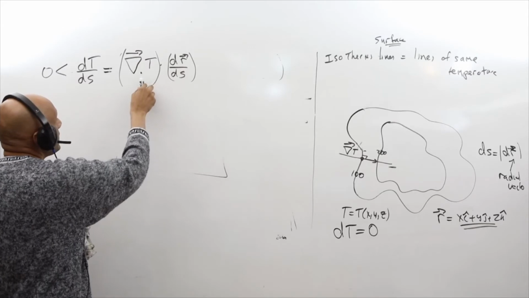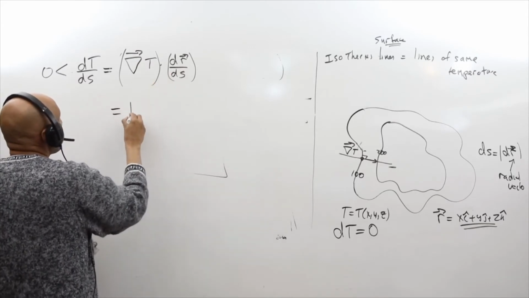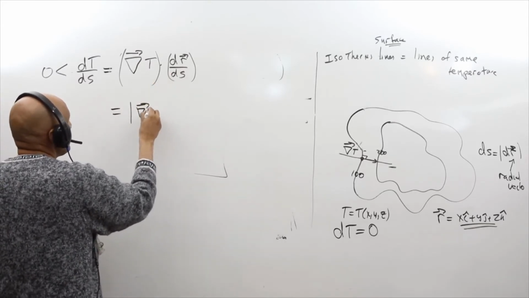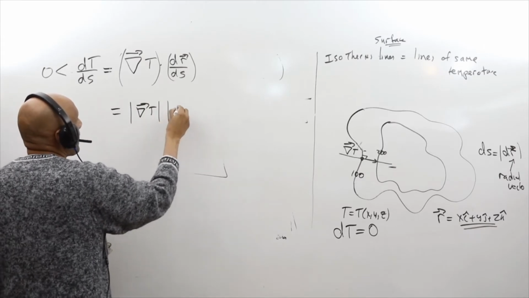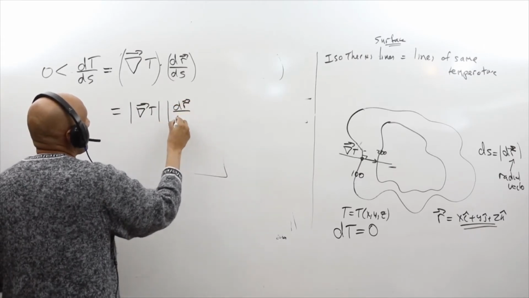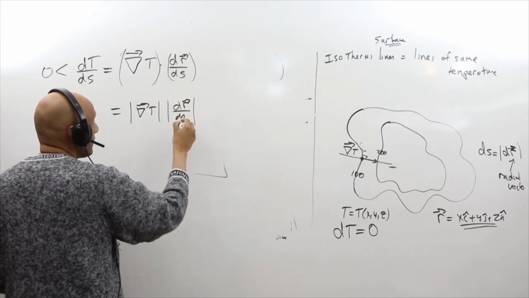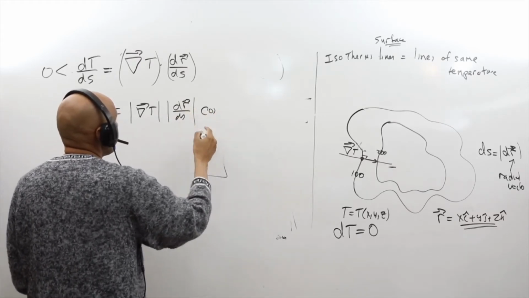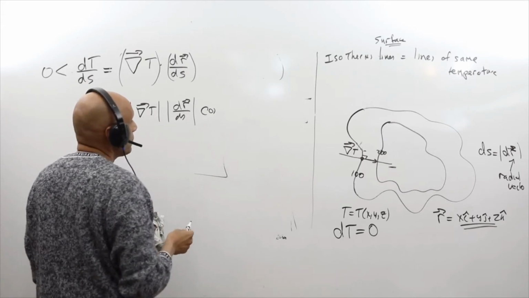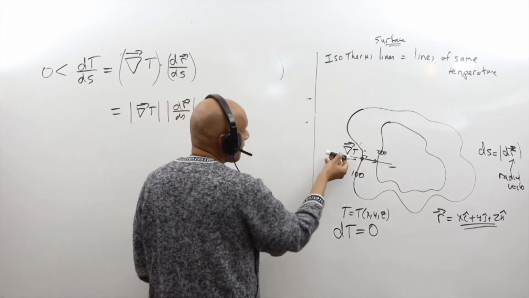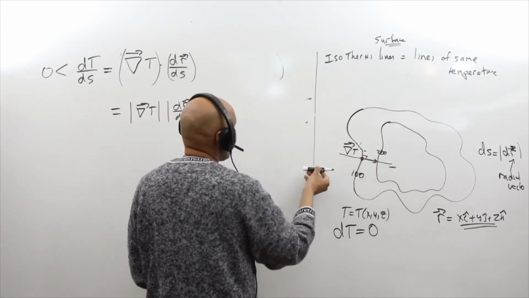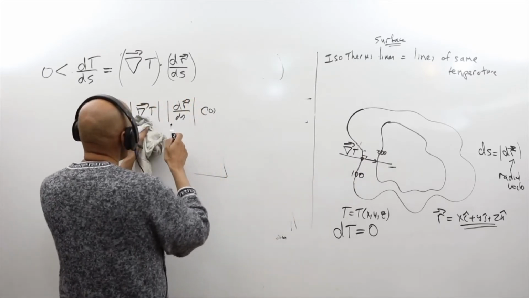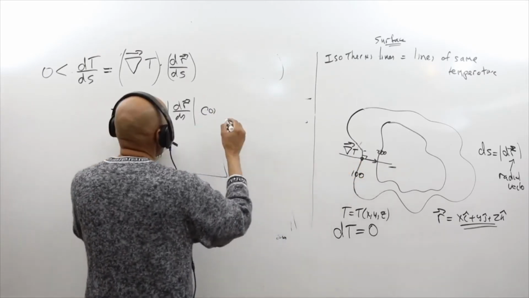So that means that, remember, this is really the magnitude of the gradient of T times the magnitude of dr ds, and this is 1. And this magnitude times cosine of the angle between them. But what's the angle? Well, if I'm traveling perpendicular this way, and the directional derivative is perpendicular, the angle between them is 0.